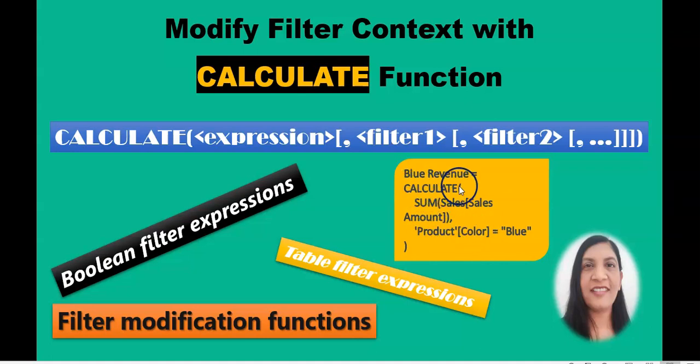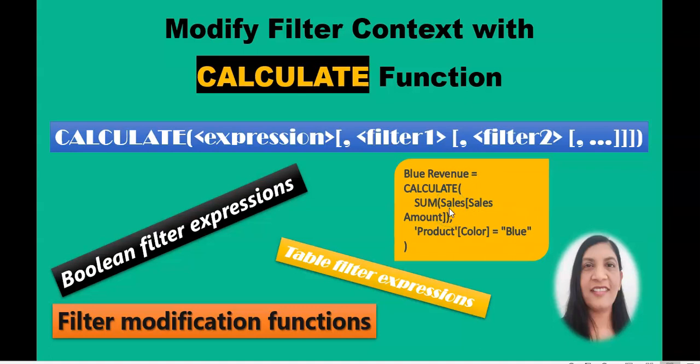It uses the CALCULATE function and then the sum of total sales, and then gives a condition that product color should be blue. So this is in a way a filter, filtering the data by only blue color. Like this you can add a filter or remove a filter.